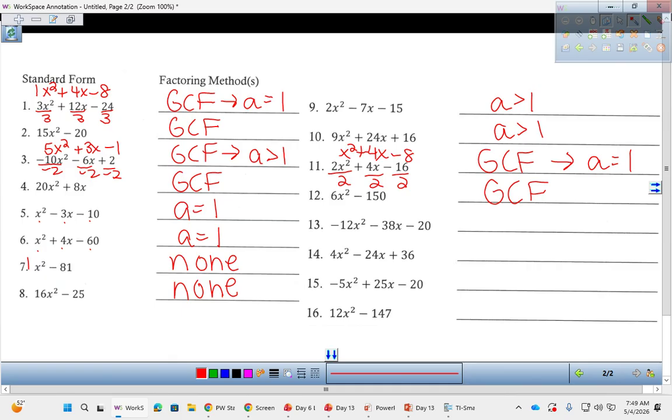They're all even, so I definitely can hit it with 2, right? So we're going to go GCF, and I believe the GCF is 2. And in this case, the first number is negative, so the GCF is negative. And I would end up with 6x squared, the double negative, positive, and then the double negative. So it's GCF 2, A is greater than 1 because A is 6.